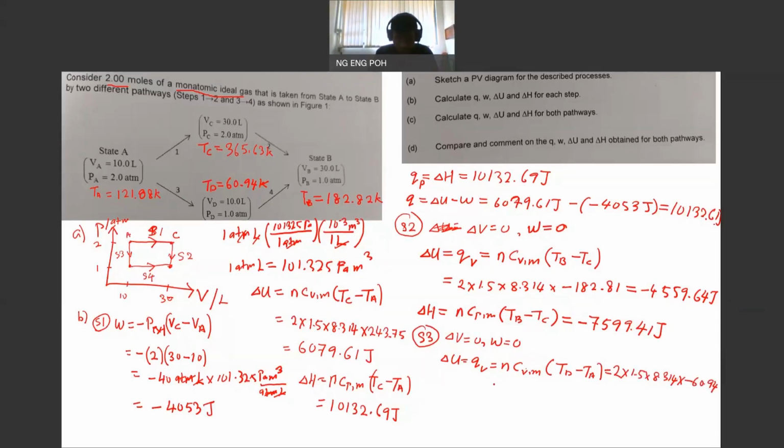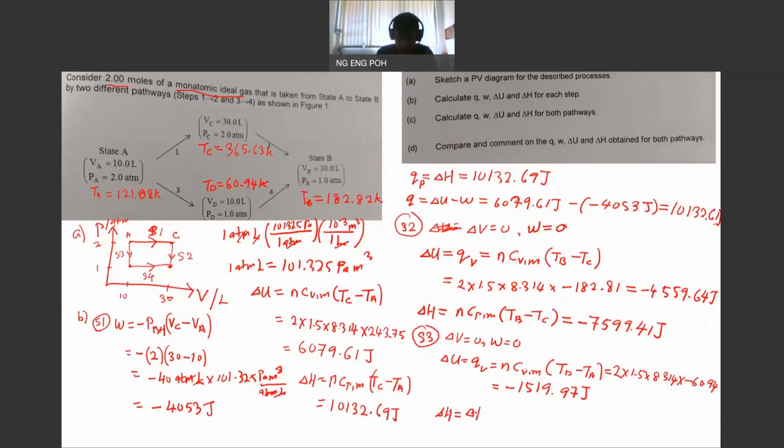So it equals minus 1519.97 joule. And delta H equals delta NCPM times TD minus TA.